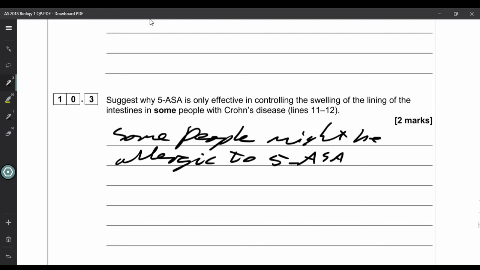So therefore, and again, we've got to explain why, then really hit the examiner over the head about why I can't take it. So yeah, you've said people might be allergic to it, and that's implying something, but you've actually got to say, so therefore they can't take it.